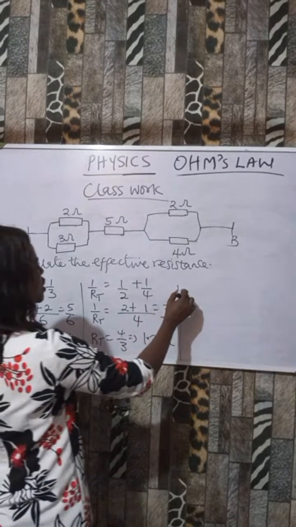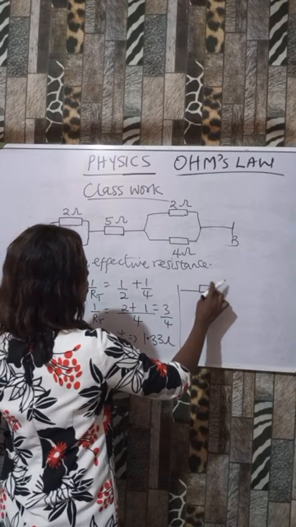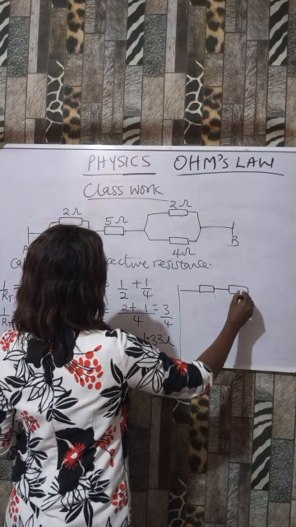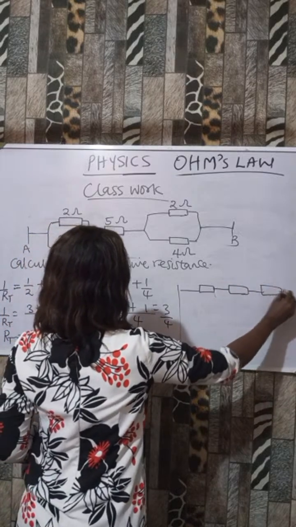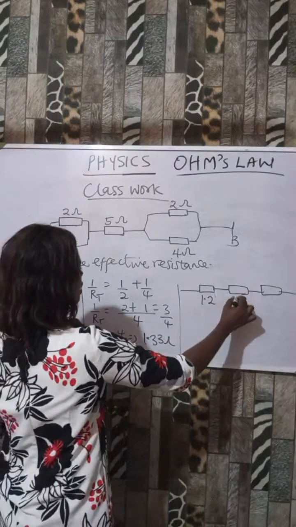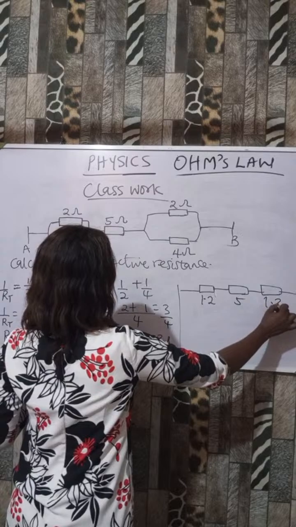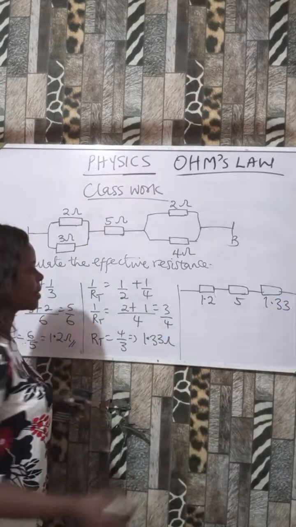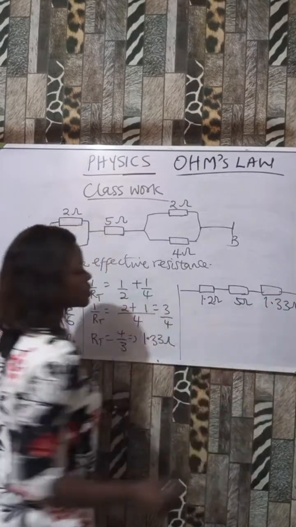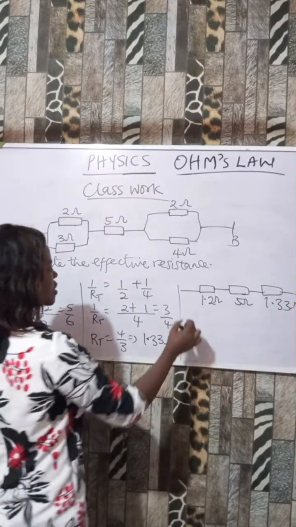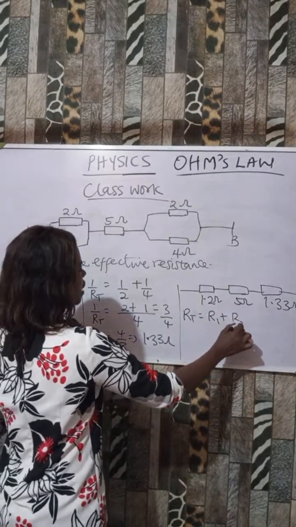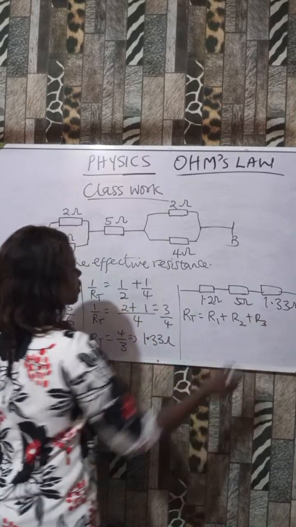The circuit will now be this way. So this is 1.2, this is 5, and this is 1.33 ohms. So they are now in series. The effective resistance becomes R1 plus R2 plus R3.